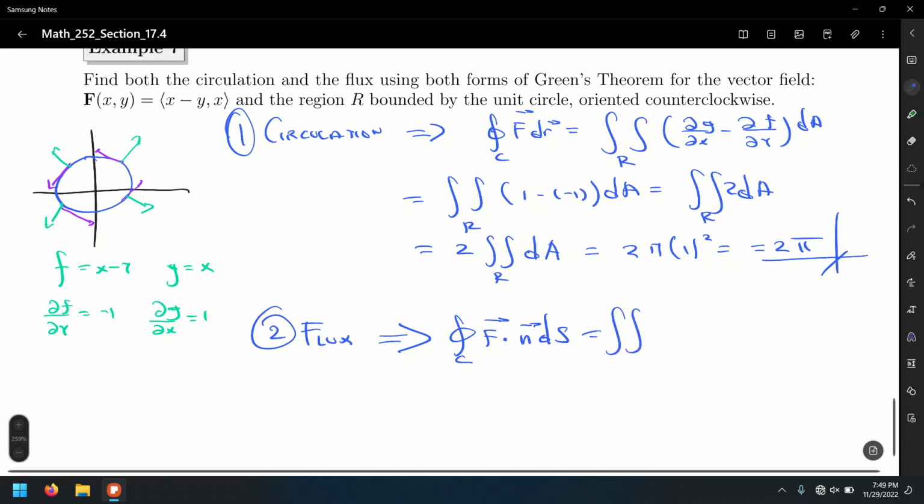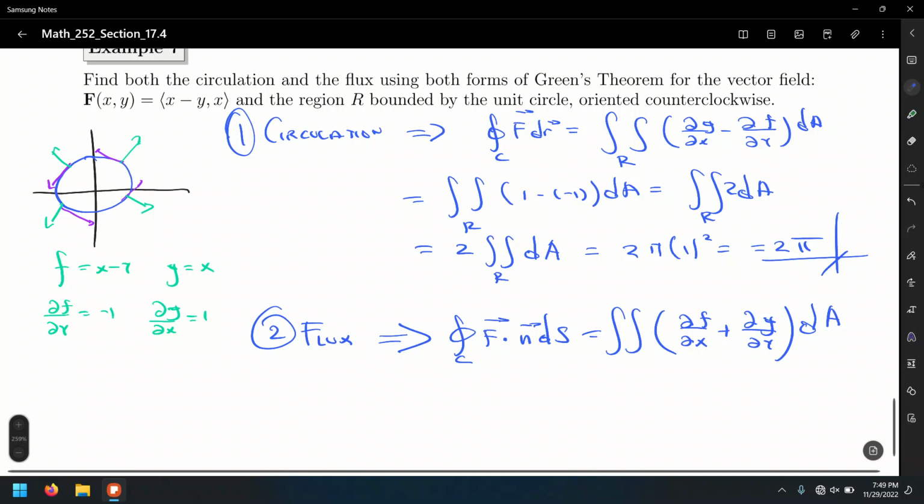That's the double integral, and that's the other form of Green's theorem: the partial of F with respect to x plus the partial of G with respect to y. In this case, we're computing the divergence as opposed to computing the curl like we did in part 1.